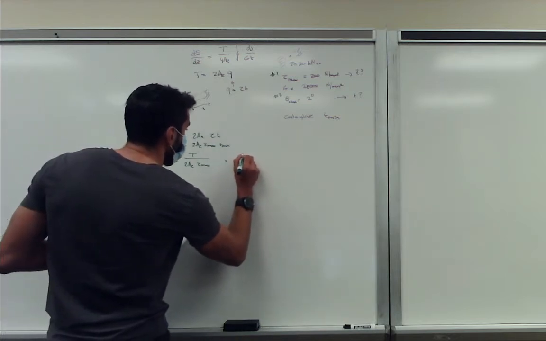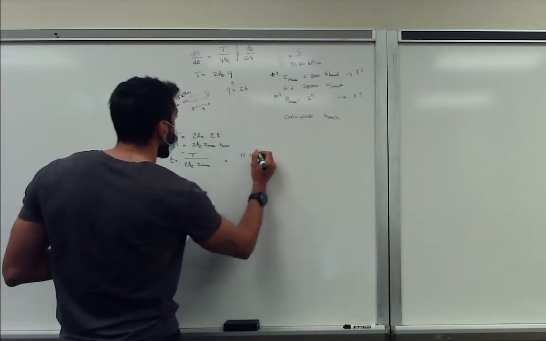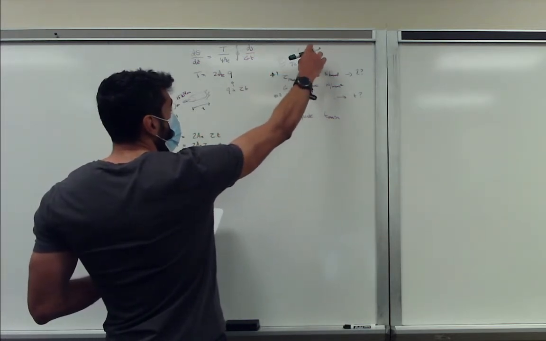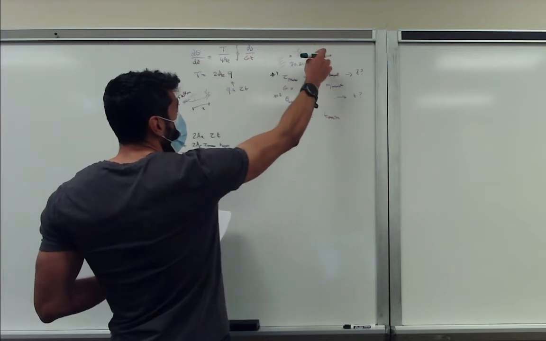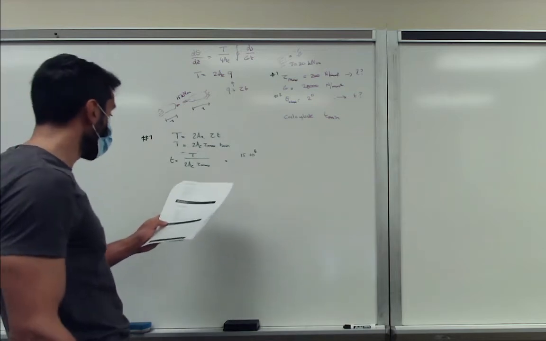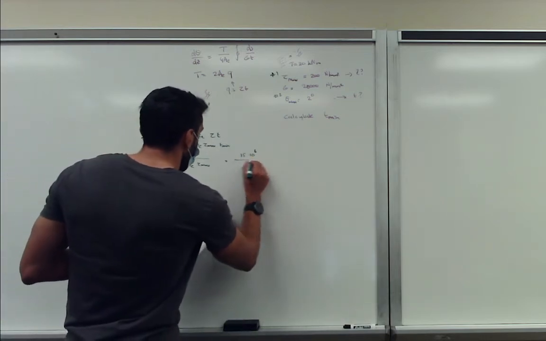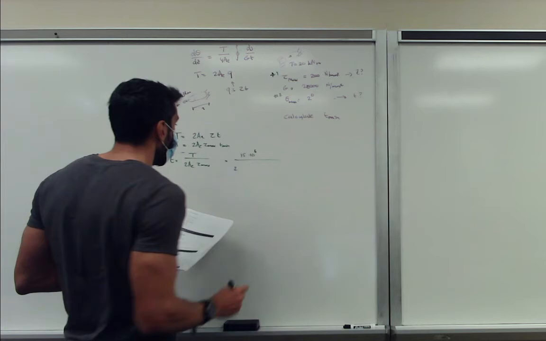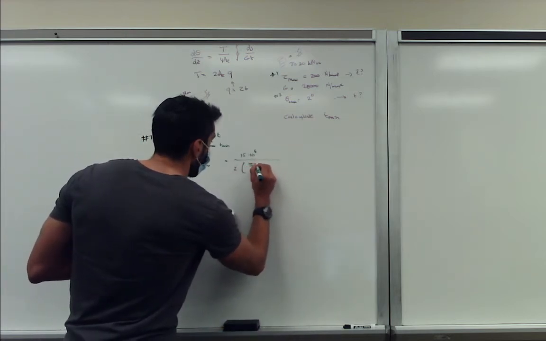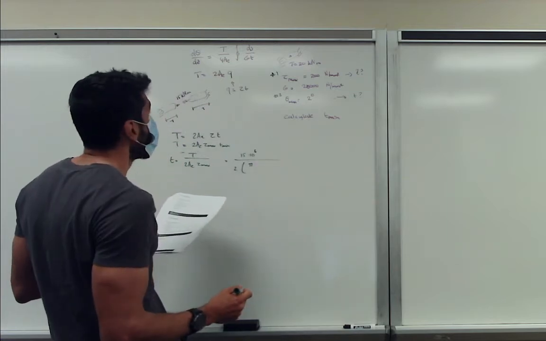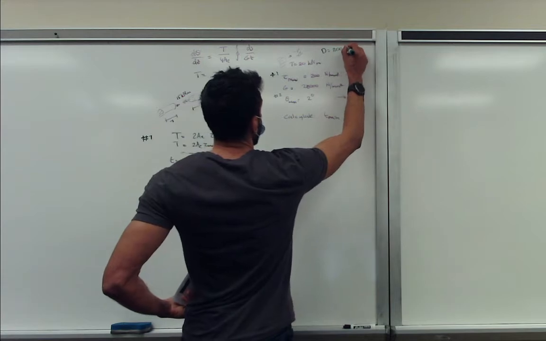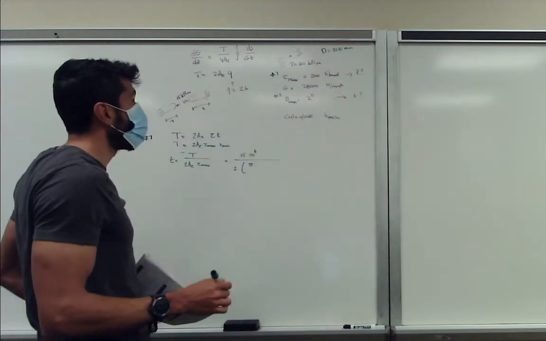So we get 15 times 10 to the power 6 Newton millimeters: 10 to the power 3 to go to Newton meter, and then another 10 to the power 3, so 10 to the power 6 to go to Newton millimeters, because we work with millimeters. And on this side we have 2 times pi r squared. The diameter d was 200 millimeters, so the radius is 100.